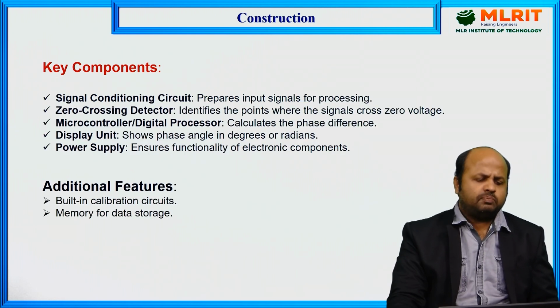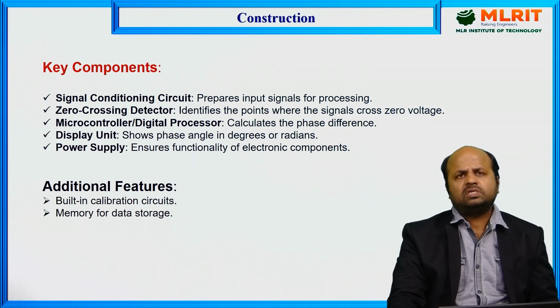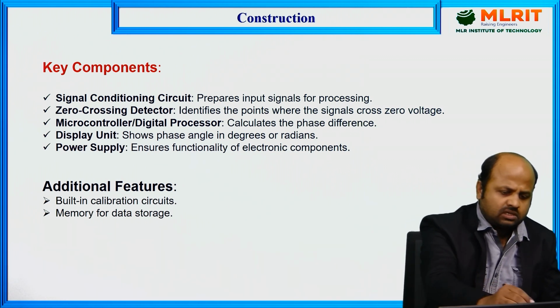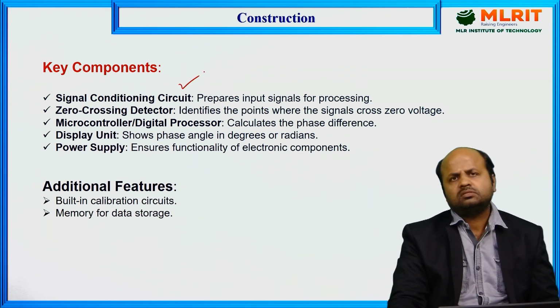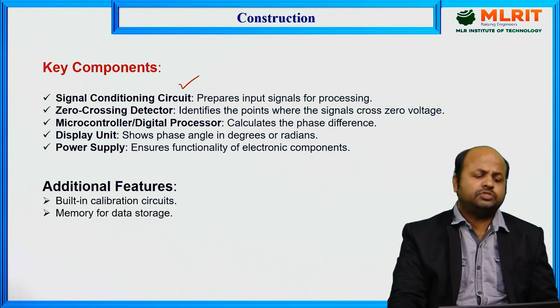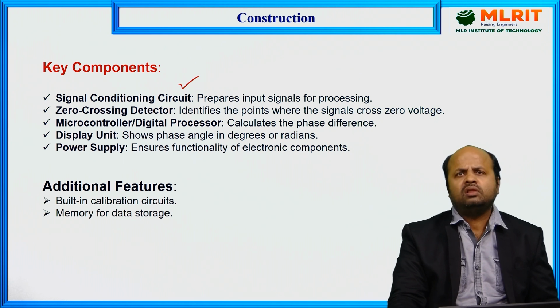Some of the basic components of digital phase meters are the signal conditioning circuit, which prepares the input signal for processing. Then we have the zero crossing detector, which identifies the points where the signal crosses the zero voltage. It is a reference point. Then we have a microcontroller or digital processor that calculates the phase difference.